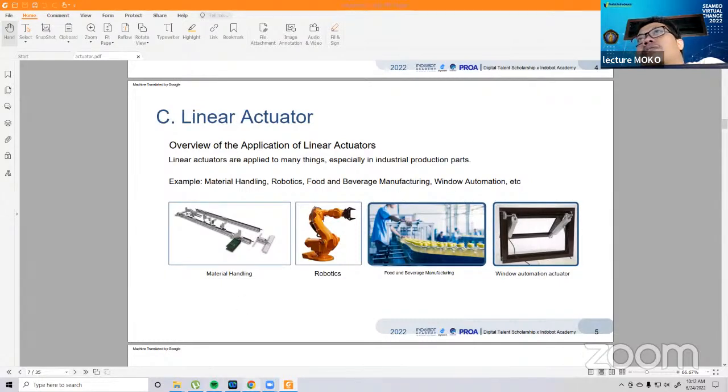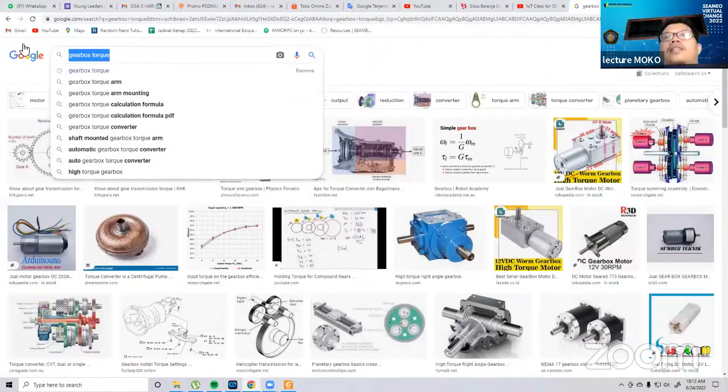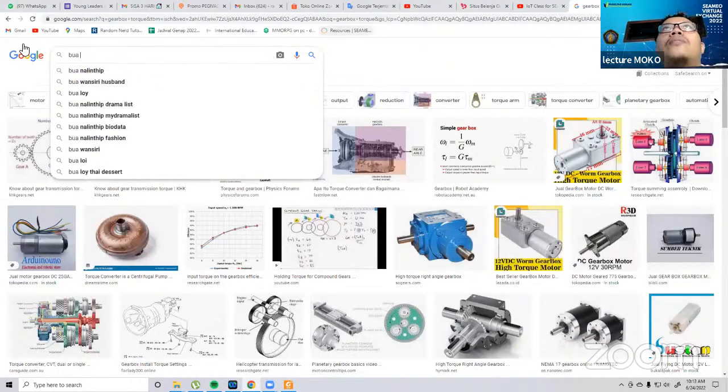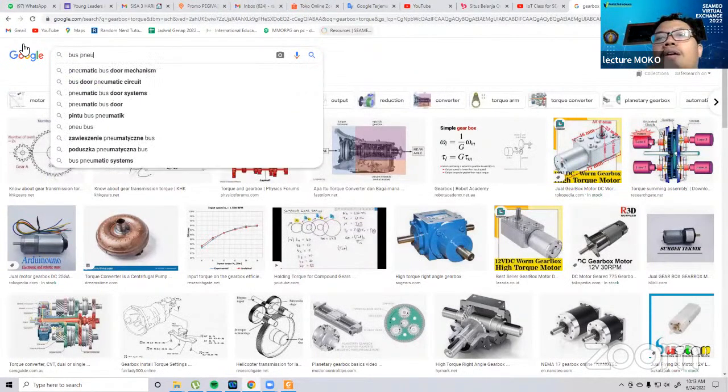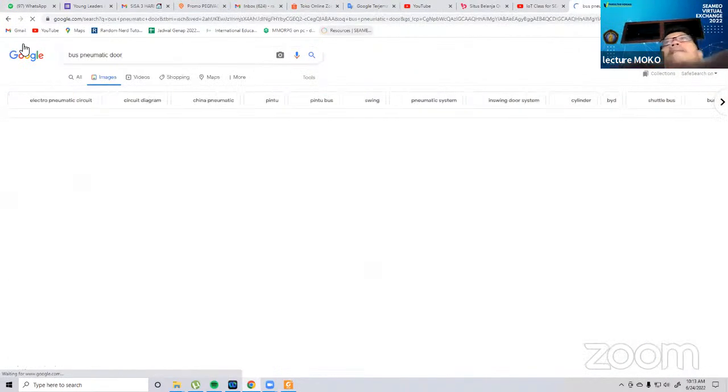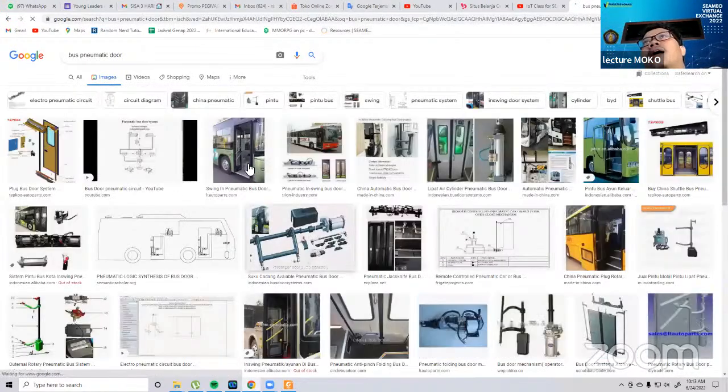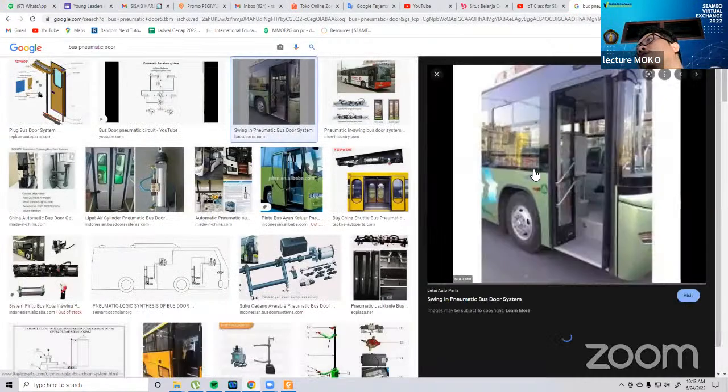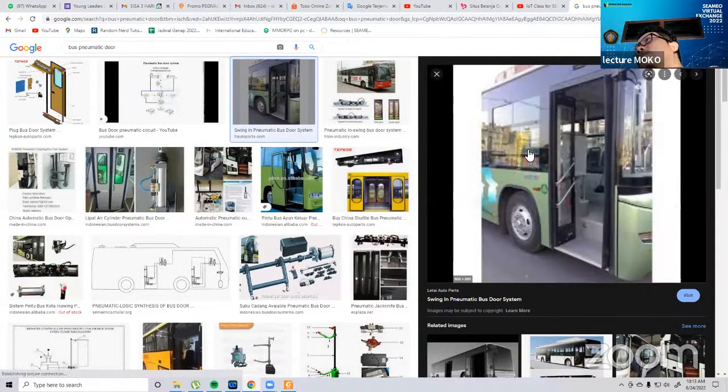For example, we can see the bus pneumatic door. I think you often see this type of door. So the door is automatic, driven by a pneumatic system, by a linear actuator.